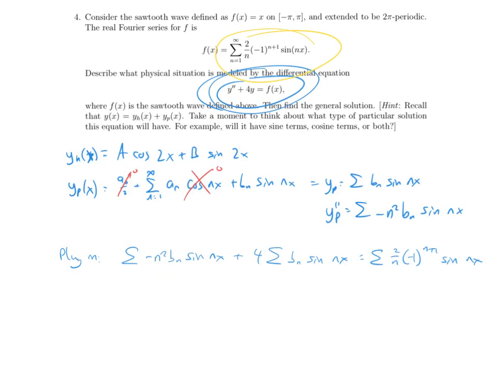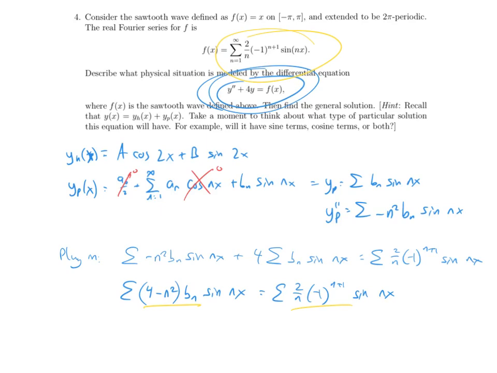So we're going to collect terms. This is the sum of 4 minus n squared, bn, sine of nx. See what I did? I combined these two things into that. And that equals the sum of 2 over n negative 1 to the n plus 1 sine of nx. So we're going to set that equal to that. In other words, solve for bn.